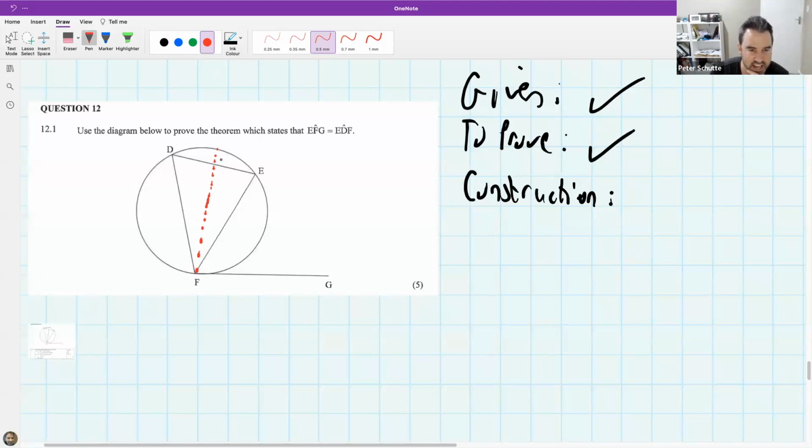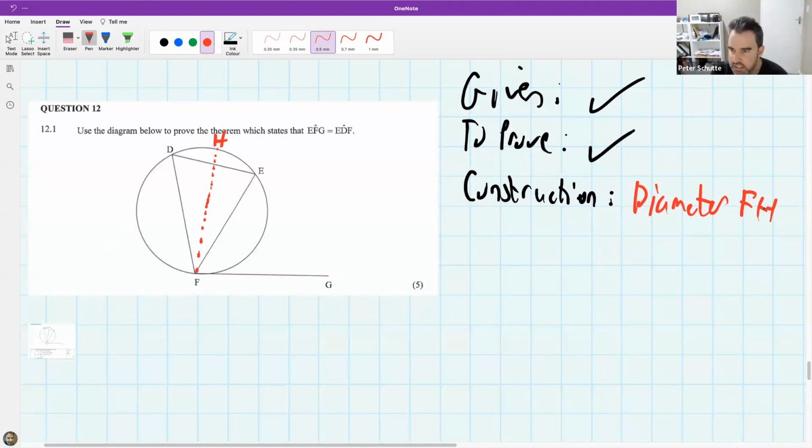And to get a diameter, I need another point. So I'm going to say construct diameter, and let's call it FH. So construct diameter FH. And then what else do I need to do?